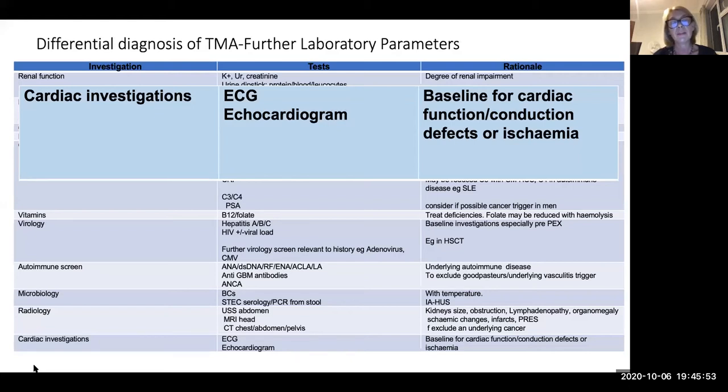The ADAMTS13 samples, and then eventually we will do the hepatitis screens. We will redo them later on when things have all settled down. And that's the mainstay of blood tests that we do later on. We may or may not do other autoimmune tests if there's any suggestion of another autoimmune disease that could be causing some of the ongoing symptoms.